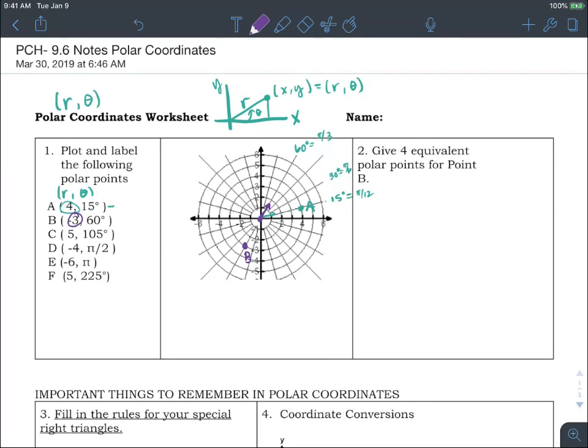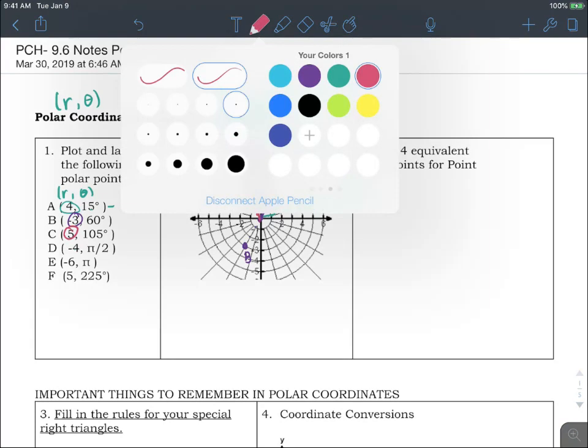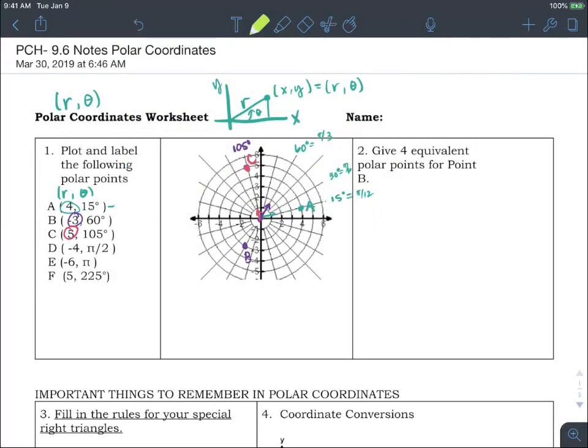All right, let's do 105. So 90, 105. 105 is right here. I am facing 105, and my radius is 5, so I'm going the direction I'm facing, towards 105. 1, 2, 3, 4, 5. That's C. Next, pi halves.